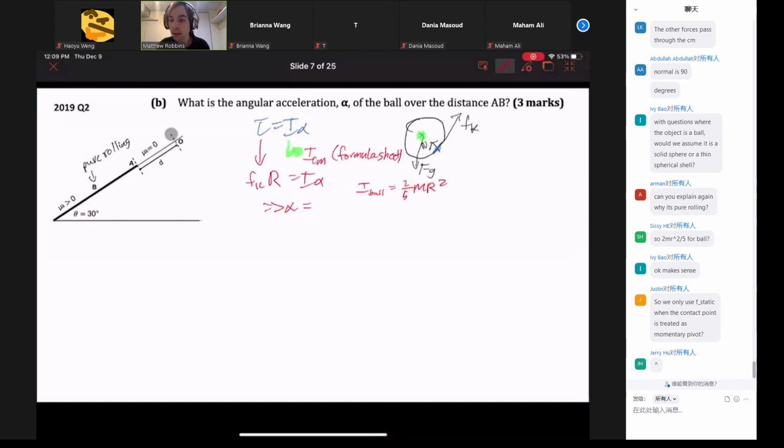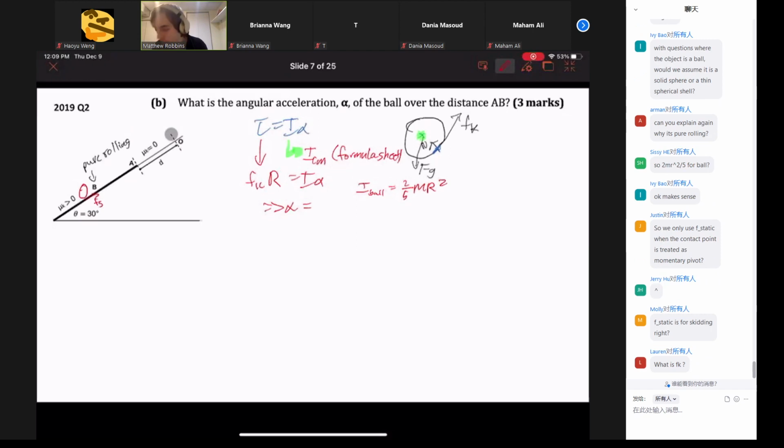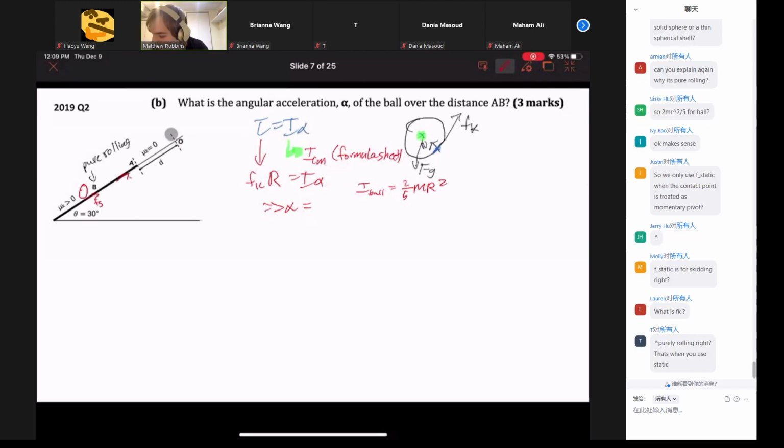Would we only use F static when the contact point is treated as a momentary pivot? In this problem, we would not use F static because we are slipping down the hill. Down here where we're purely rolling, this is where we would start applying F static. Over here, we would have the kinetic force of friction. Purely rolling is when you use static.